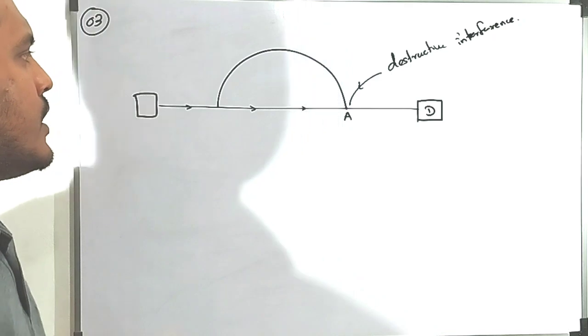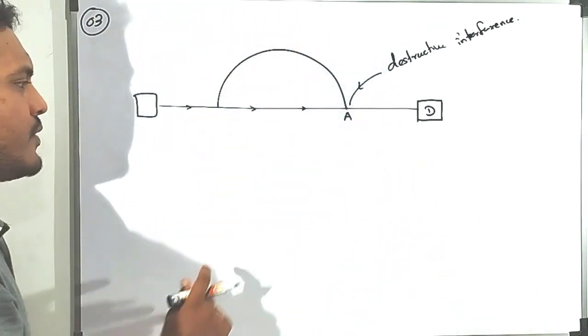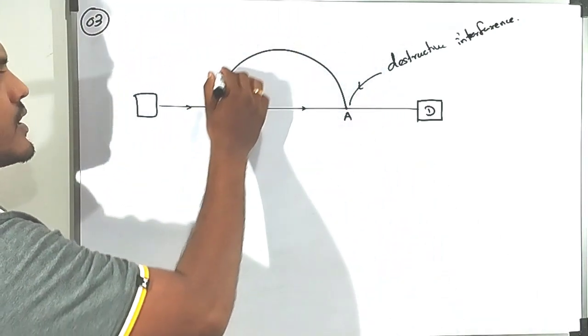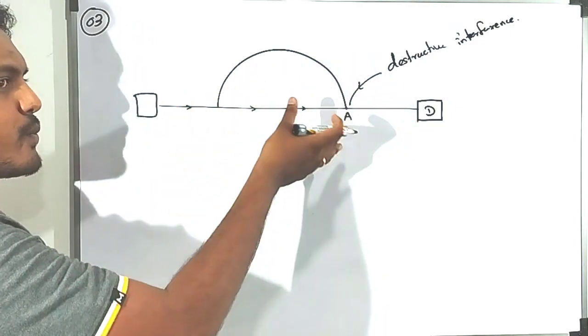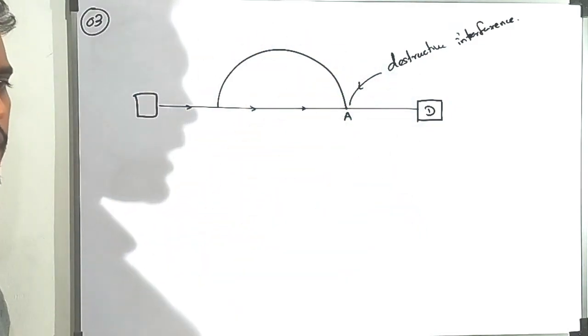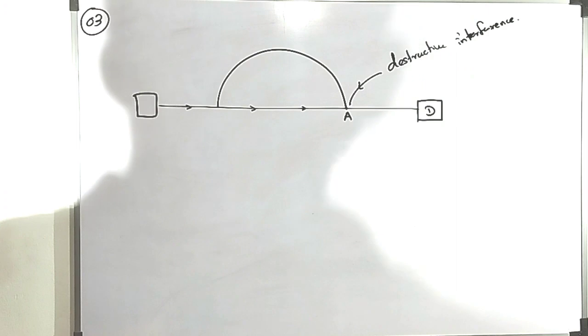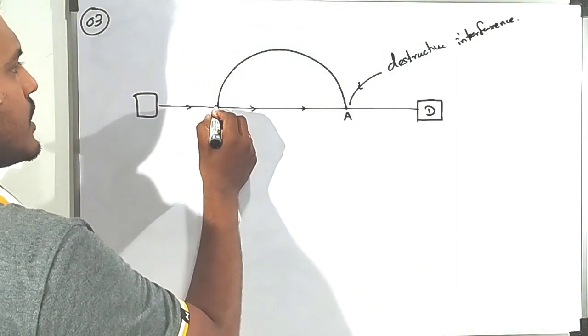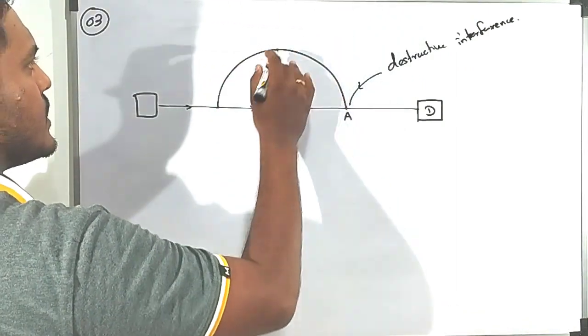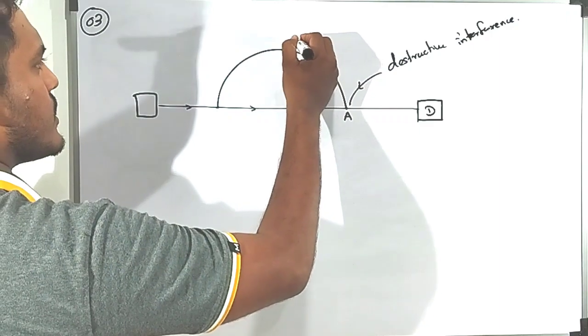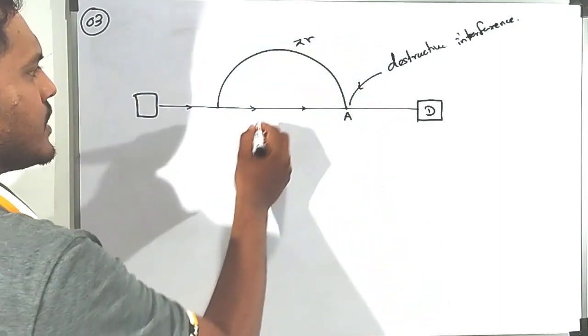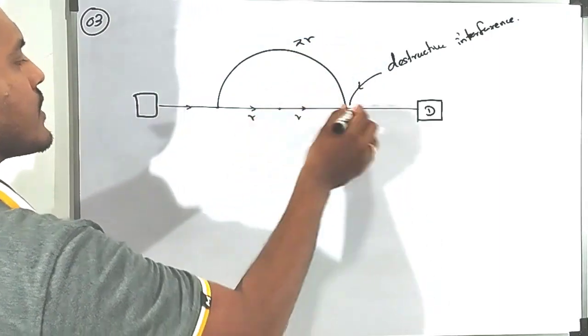For destructive interference, the difference between the path lengths should be equal to lambda over 2. Here the length of the semicircular path will be pi r, and the other path will be 2r.